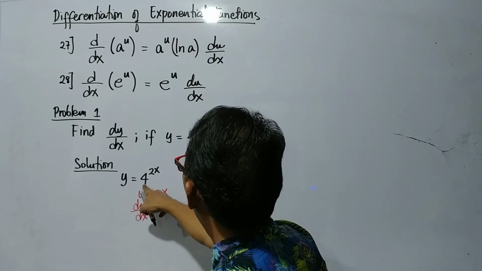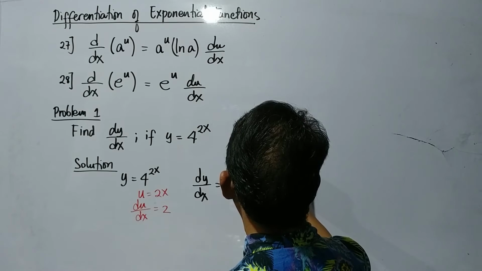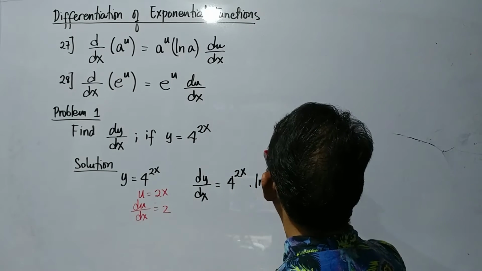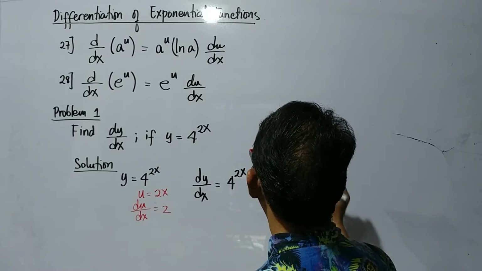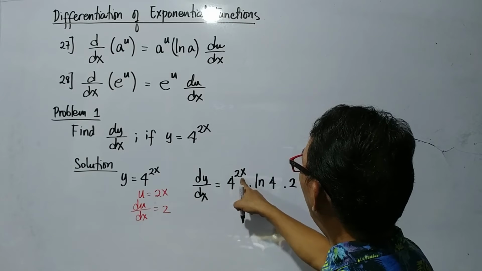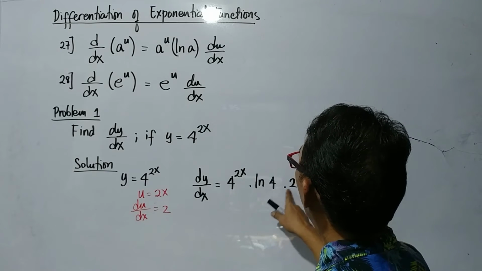What is our a? It is 4. Du dx is 2. So you have now 4 to the 2x times the natural logarithm of 4 times 2.